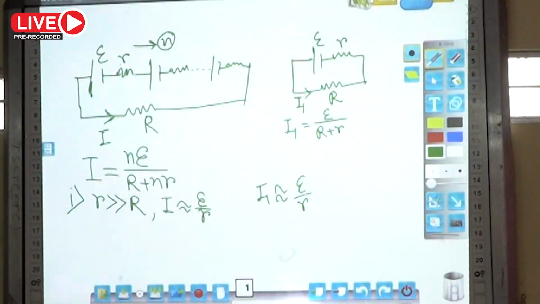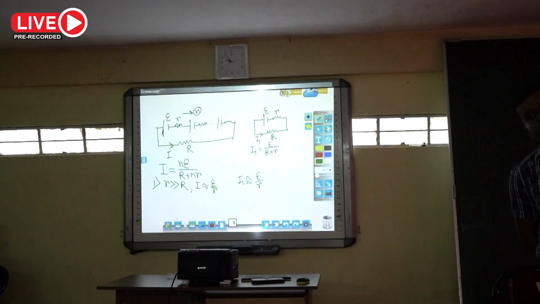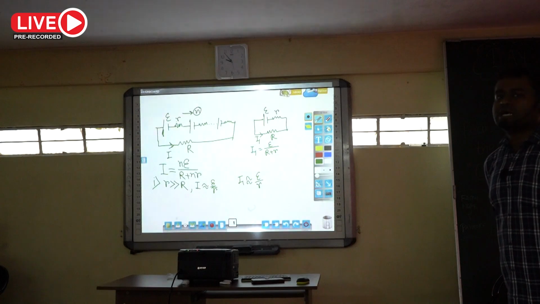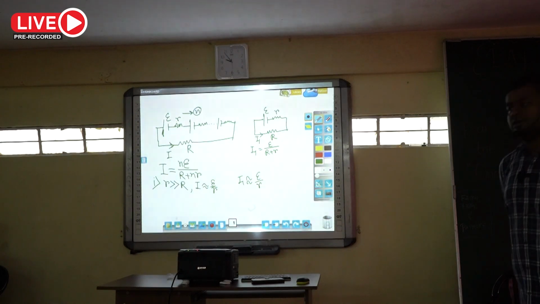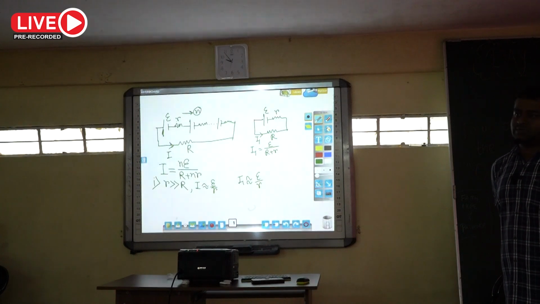For one cell, whatever be the current, for n number of cells, the same current will come. If internal resistance of the cells are very large compared to the external resistance, then it is not advantageous to connect the cells in series, because current will not increase, same current will flow. For one cell, for 10 cells, same current will flow in this situation.